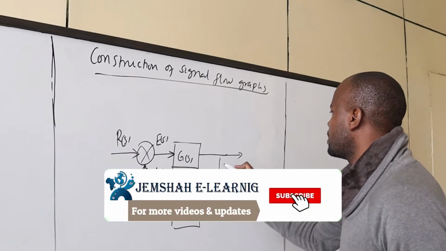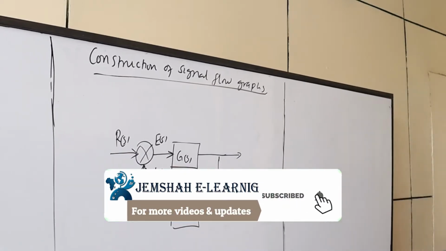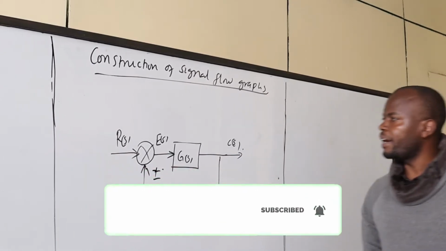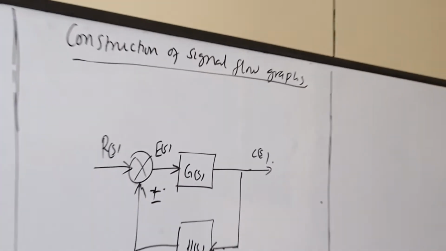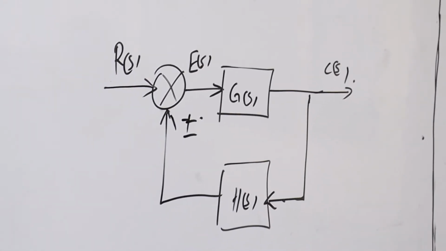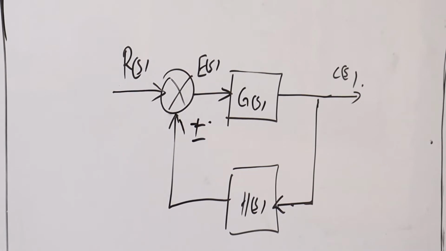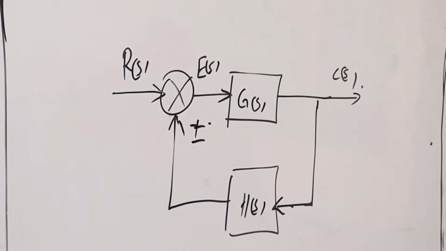Then that one is now the direction, and here we have C of S. So we can construct a signal flow graph for this, whereby at each and every point where we have a change in the signal, we can consider that one to be a node.